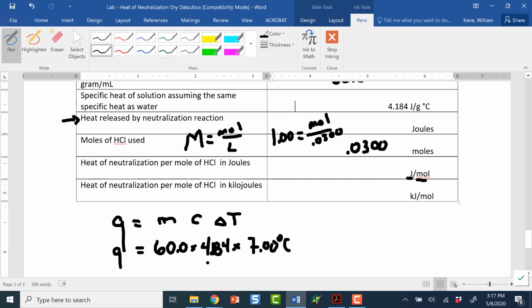So calculator here, 60 times 4.184 times 7. Q is going to wind up being somewhere around 1,700. And I'm going to use 3 sig figs, so I'm rounding this to 1,760 joules. So I got 1,760 joules for my 0.030 moles of solution.